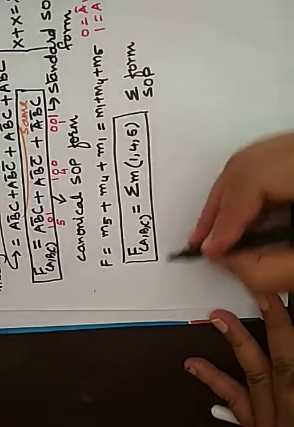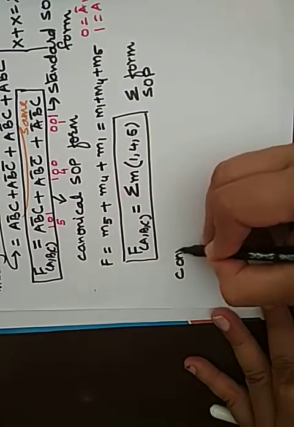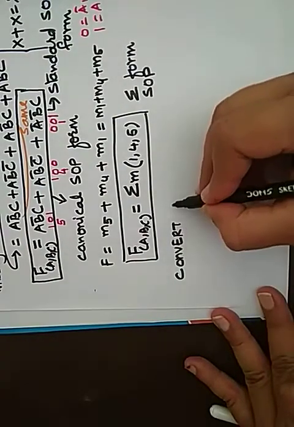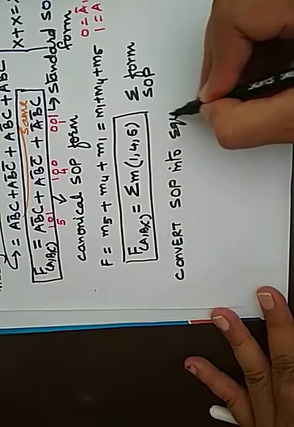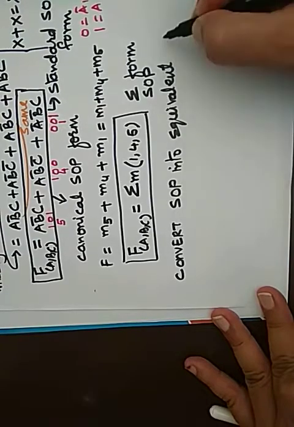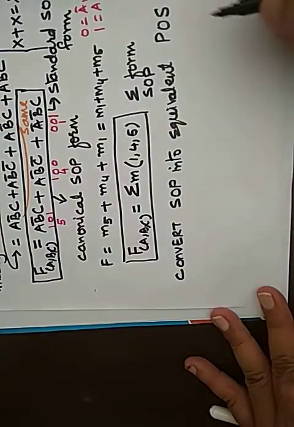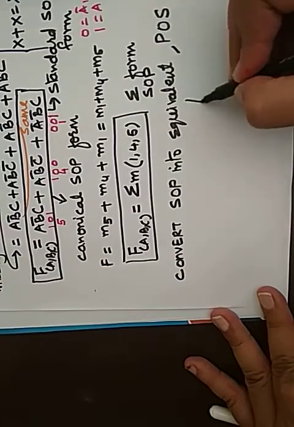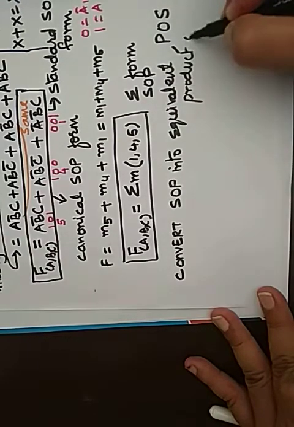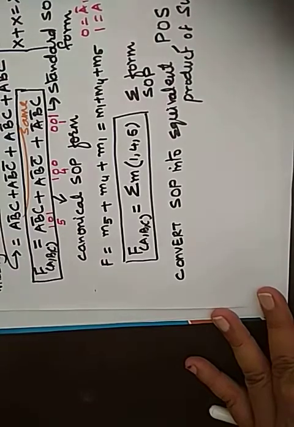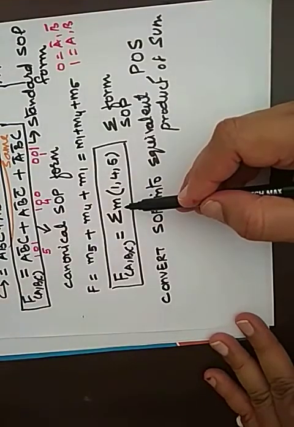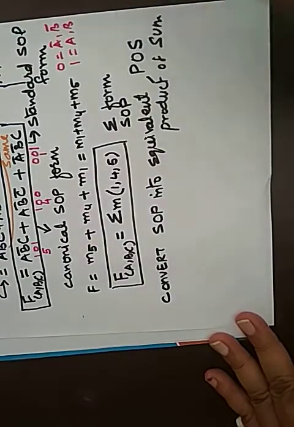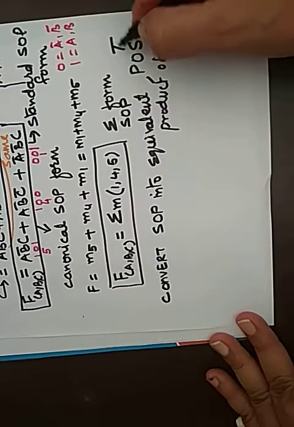To complete this topic, if we were asked to convert this SOP into its equivalent POS form, POS is product of sums. The rule for converting from sigma to a POS form: POS form is represented by pi. Pi stands for product.